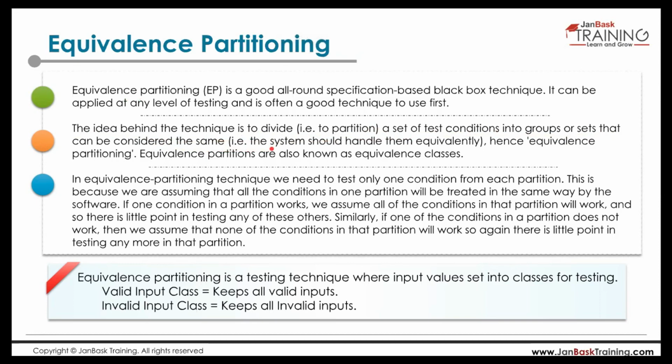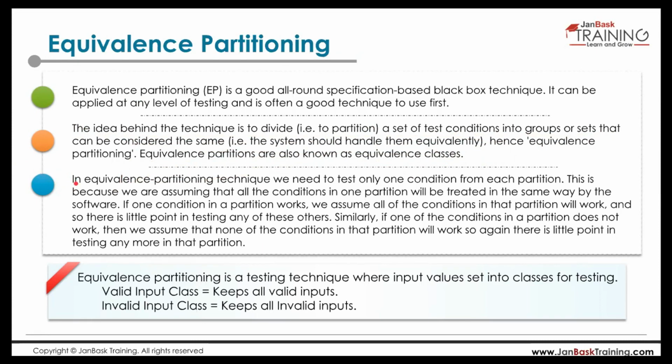That is, the system should handle them equivalently. Hence, equivalence partitioning. Equivalence partitions are also known as equivalence classes. I think that is self-explanatory now. We have already seen this. In case you have any question, just let me know and I'll explain it. Anybody? Any question?